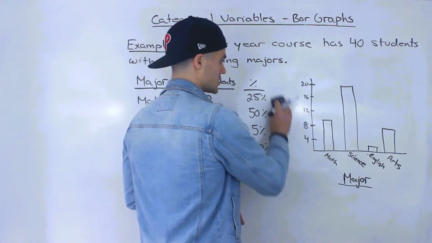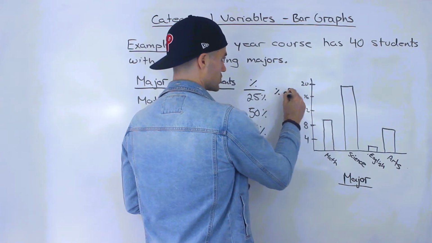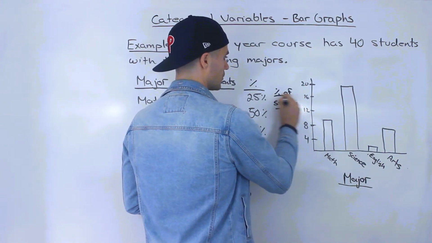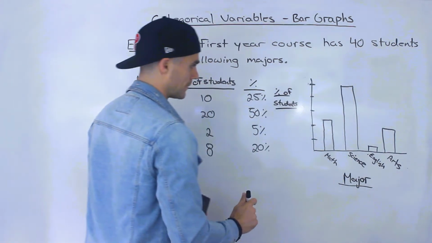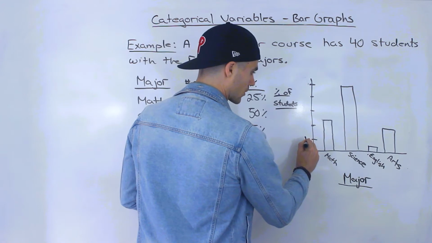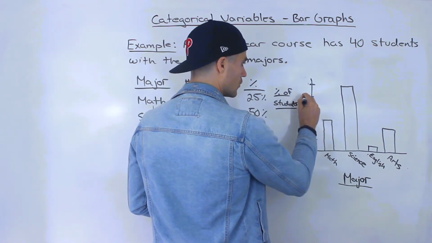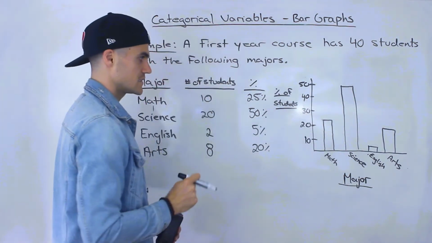Now, as I mentioned, you can also make this y-axis here the proportion or the percentage. So if we change this to percentage of students, notice that our scale then is going to have to change. And we can go up by tens. I think that will work. We won't have to change the bars then. So we'll have 10, 20, 30, 40, and then 50.